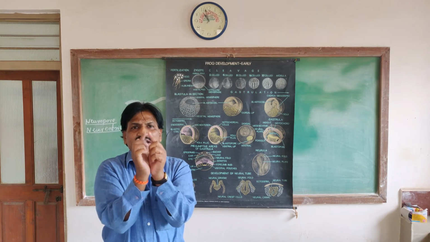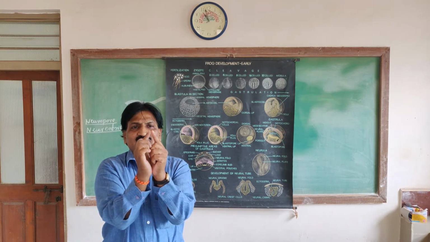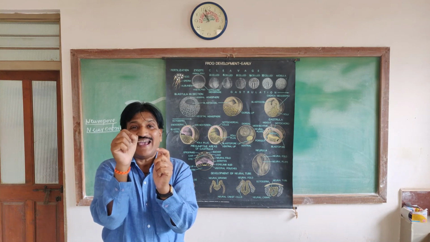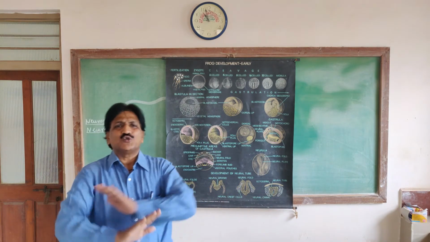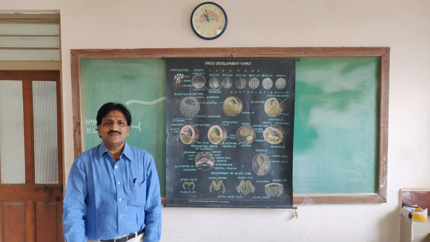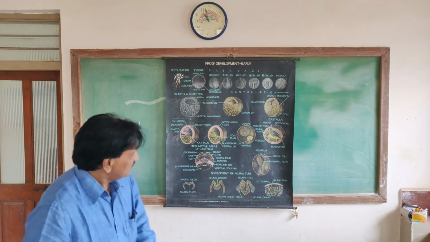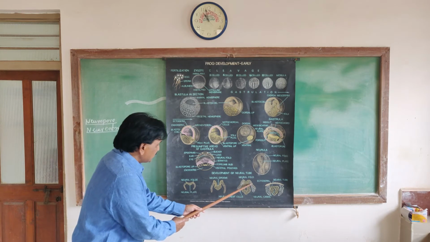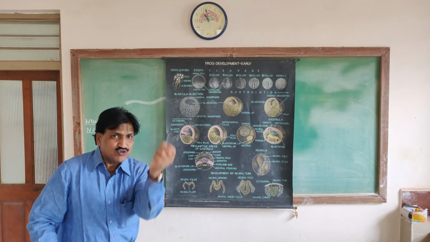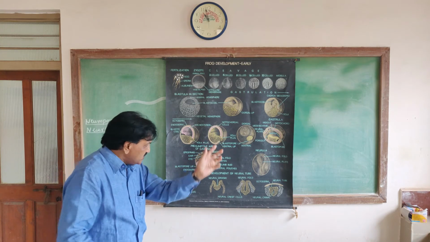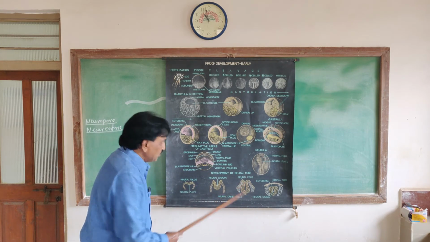They remain separated from each other, leaving a space or gap, and that gap is called the neuropore. It is temporary in nature. Afterwards, both folds grow towards each other until they are fused together. After the fusion, it becomes the neural tube.